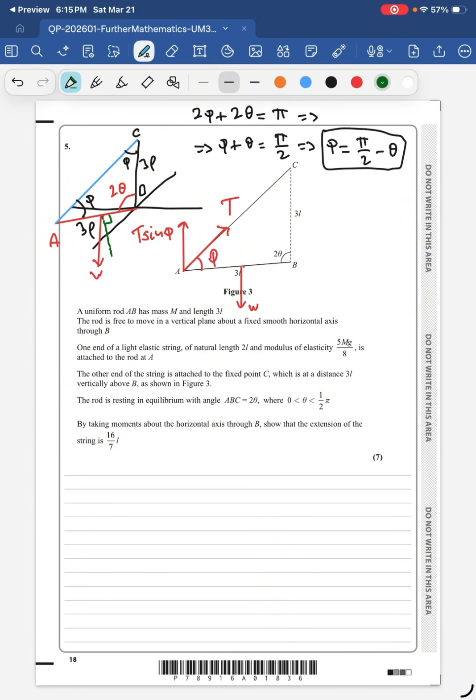The other really crazy observation to make, if we come to this 3D version, is that this angle, let me raise this 3L over there, okay? If this angle is 2 theta, so is this angle.